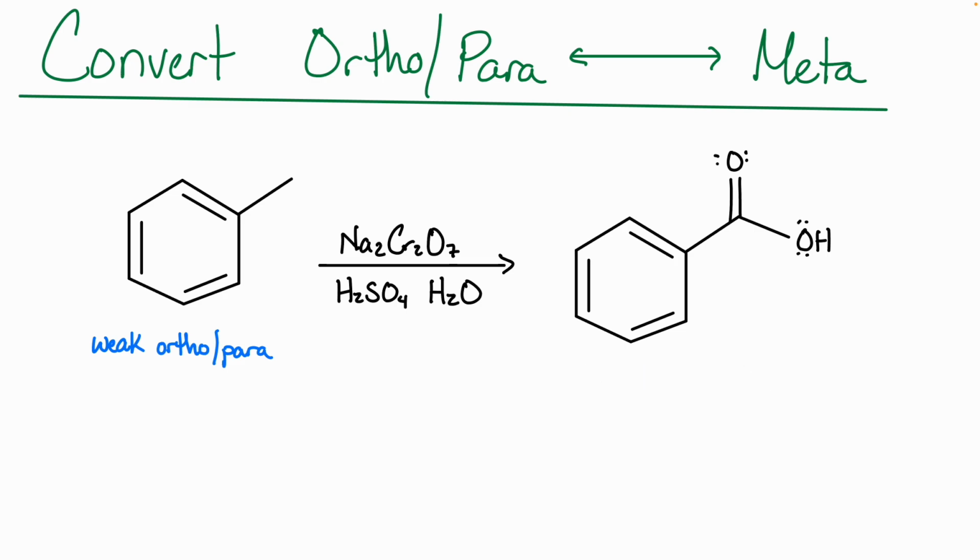So we've converted what was an ortho-para director into a meta director. Okay, so this is important to keep in mind in terms of our synthesis strategies. We have the ability to convert something that used to be ortho-para into something that is now a meta director.